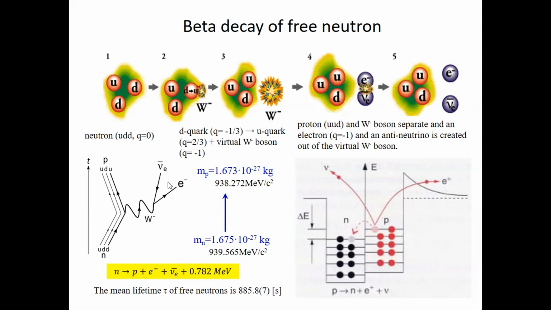The famous Feynman diagrams also show the same kind of result. Instead of this kind of picture, we can have this time behavior in which up, down, down, which is basically a neutron, is getting converted into a proton, which is up, down, up. One down was converted into up.